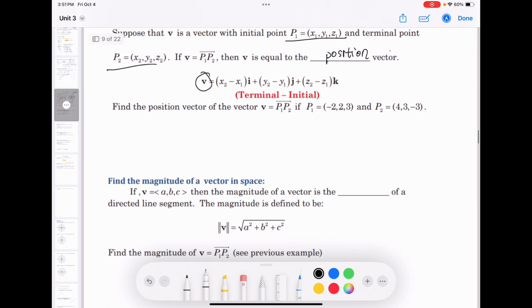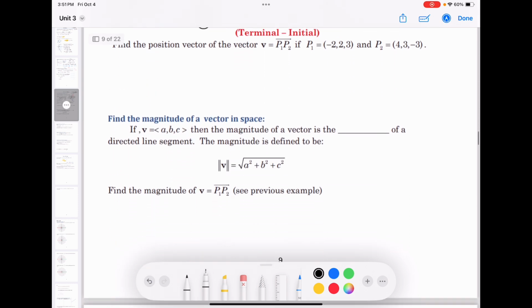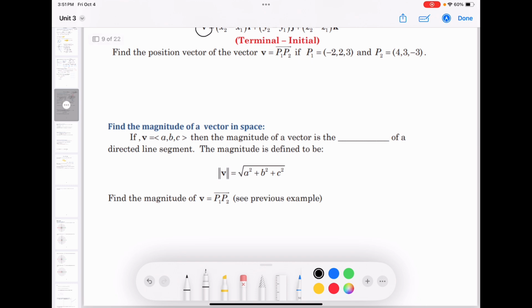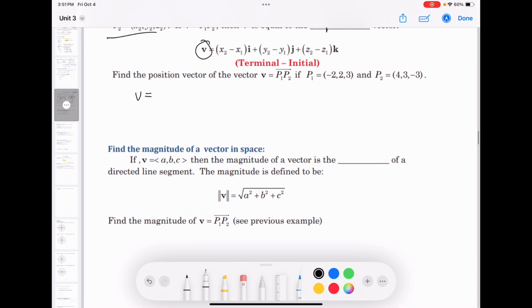It's similar to the two-dimensional vector. Find the position vector of the vector v. Given two points, I can write v in ijk form or in component form, so x-axis, y-axis, and z-axis.